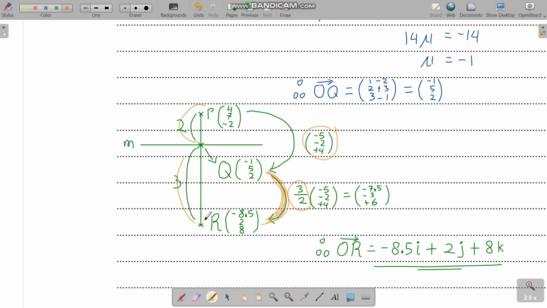So 3 over 2 times (minus 5, minus 2, 4), we get minus 7.5, minus 3, plus 6. So the process from Q to R should be that, so minus 1 minus 7.5, so minus 8.5, 5 minus 3, so 2, and 2 plus 6, which is 8. So the final answer is (minus 8.5, 2, 8).